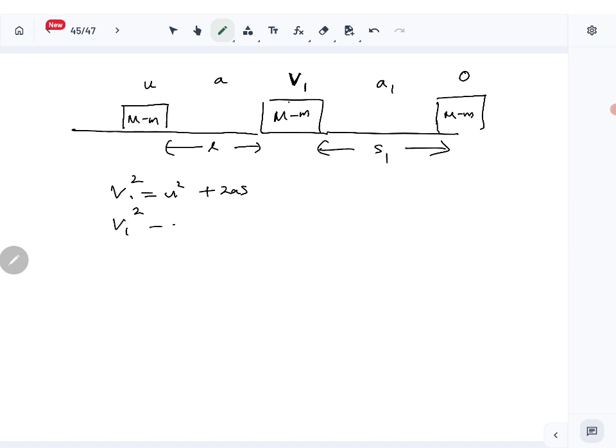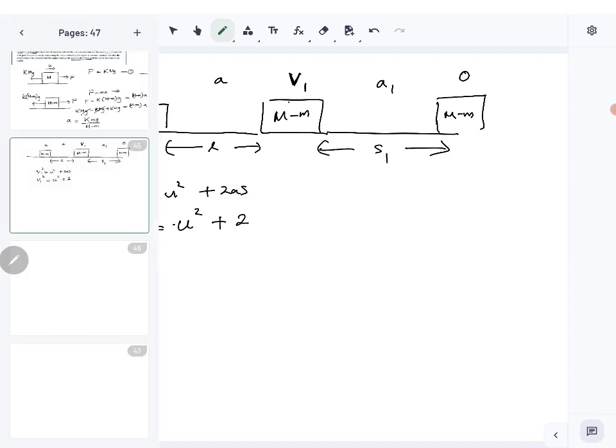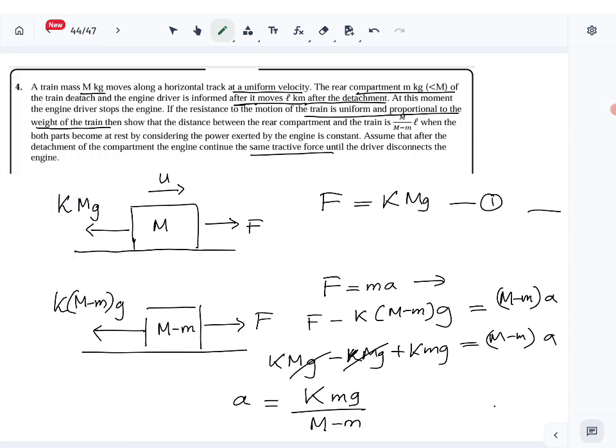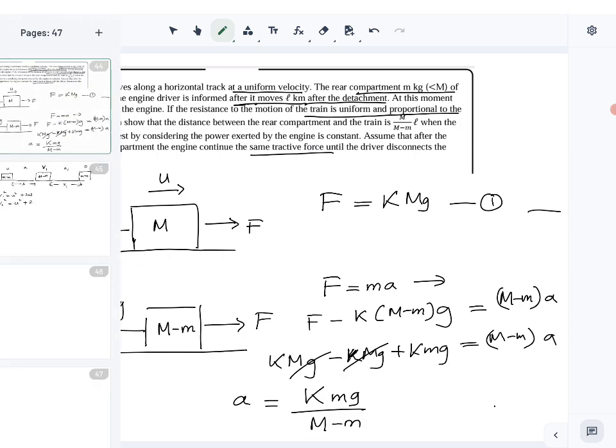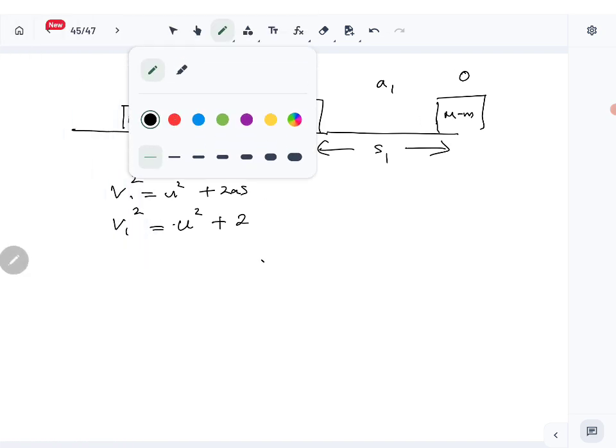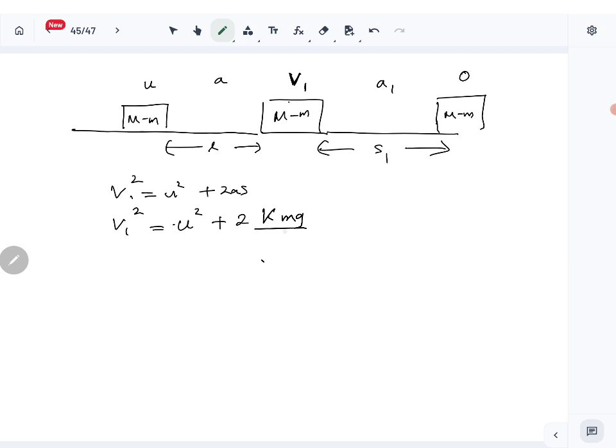So v1 squared is what? u squared plus 2 times that acceleration we found, which is kmg over capital M minus m, times L, right? So this is the second equation, v1 squared. If we need v1, we can square root it.